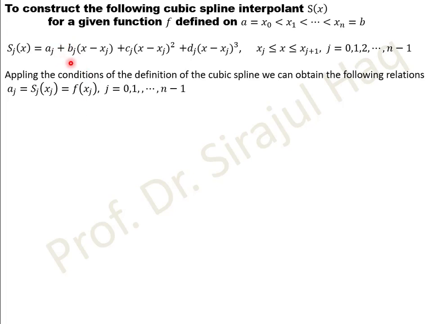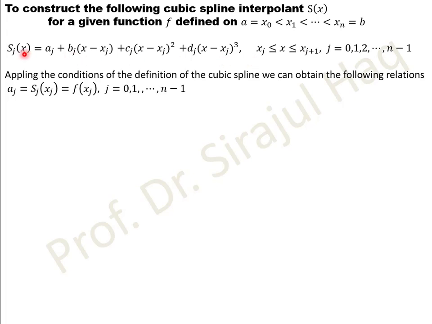If you look at this, when I replace x by xj, this portion becomes 0, and we are left with aj, which is equal to sj at xj, as you can see here. And since this spline passes through the points xj, f of xj and xj plus 1, f of xj plus 1, it will satisfy these points.